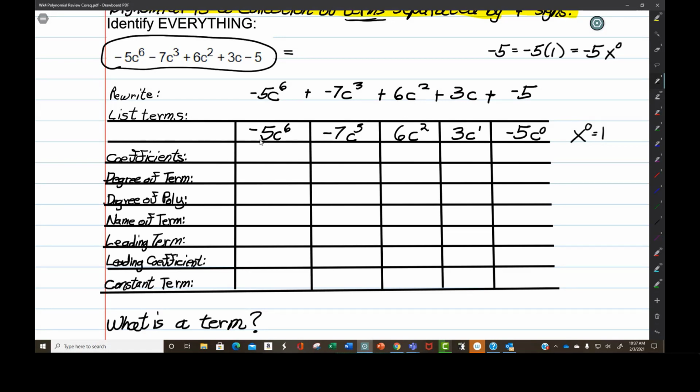All right, now we're going to talk about the different aspects of terms.